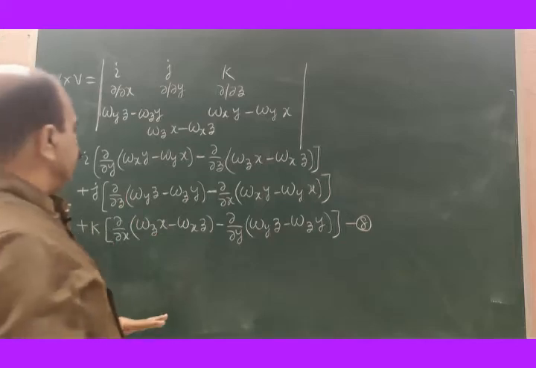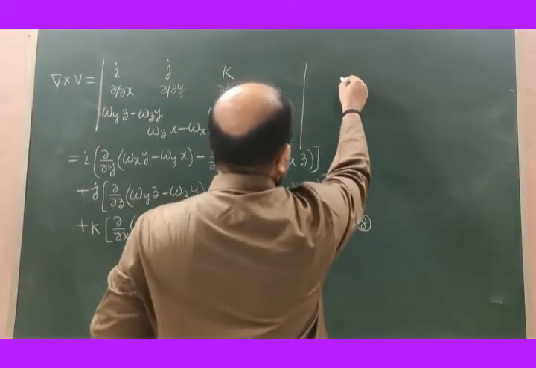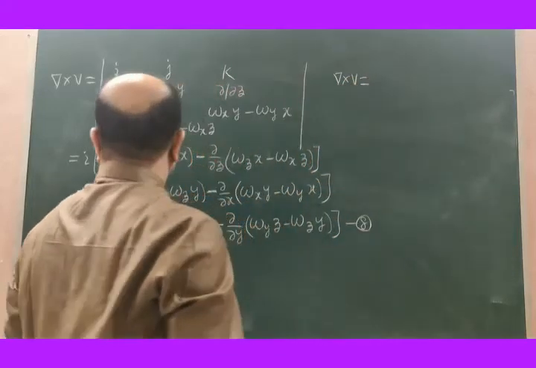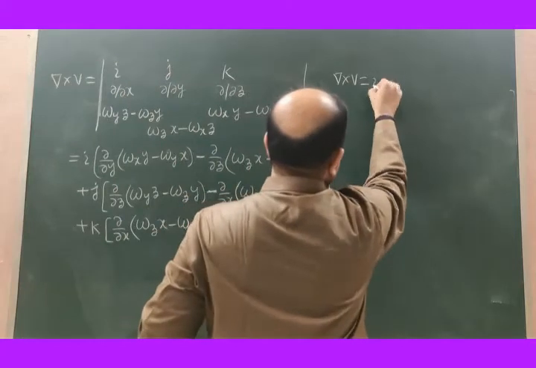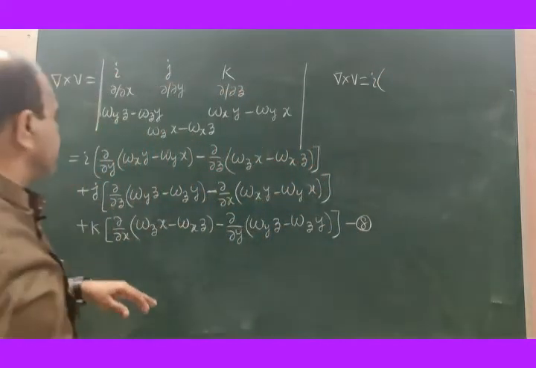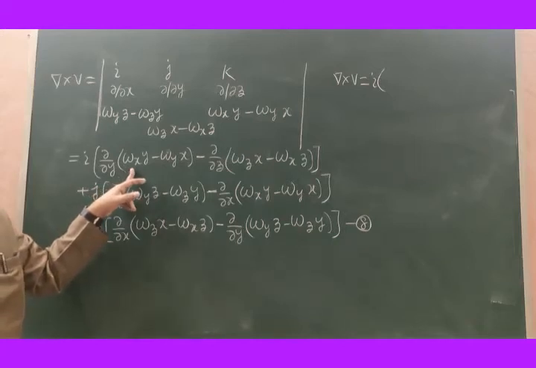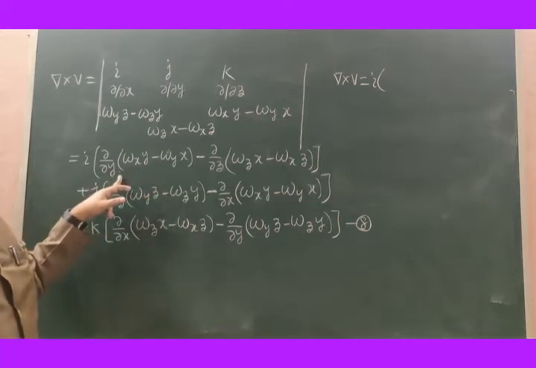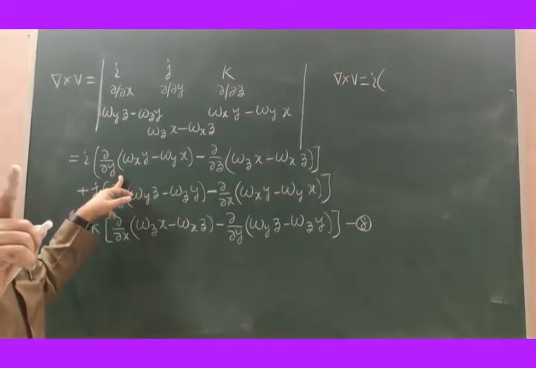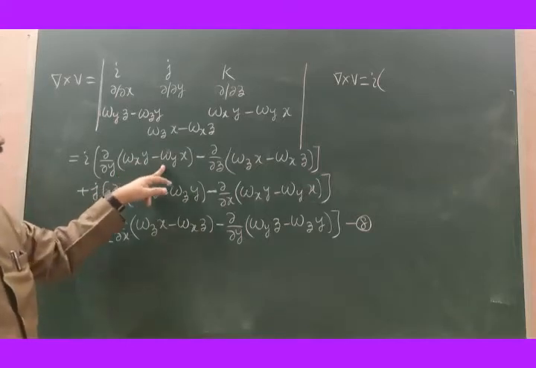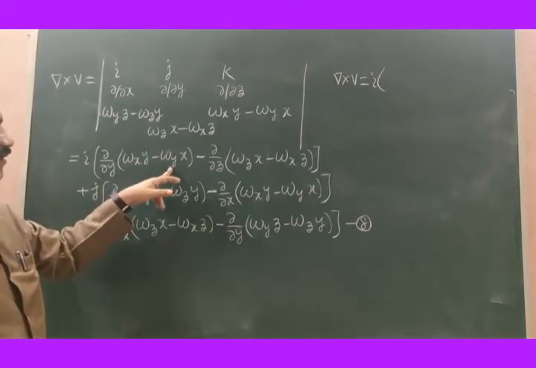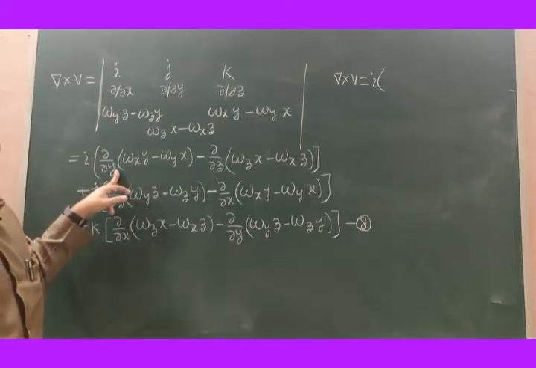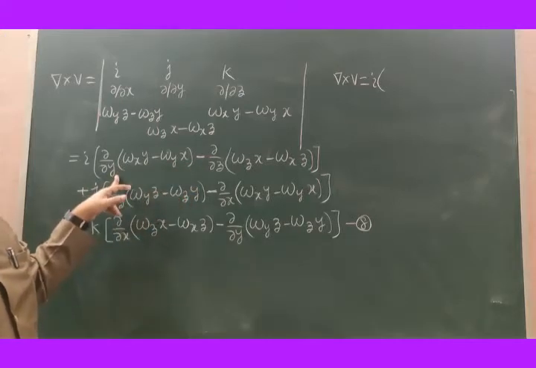Let us solve this further. Del cross V is equal to i times, omega x is independent of y, differentiate y with respect to y, 1. Dou y by dou y is 1. Omega y is constant. x differentiated with respect to y is 0, because x is independent of y.